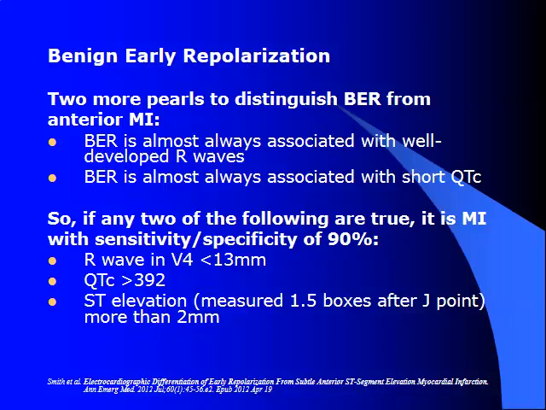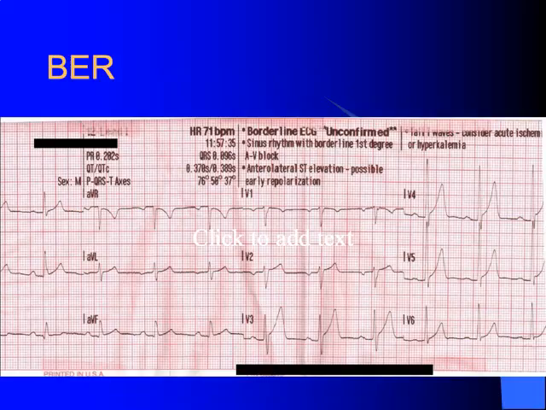So we'll look at an example of benign early repole. Kind of a scary looking EKG whenever you first look at it because of the ST elevation. This particular case is fairly easy to recognize if you look in V4 at the terminal end of the QRS complex. We do see some notching of the J point of the QRS complex.